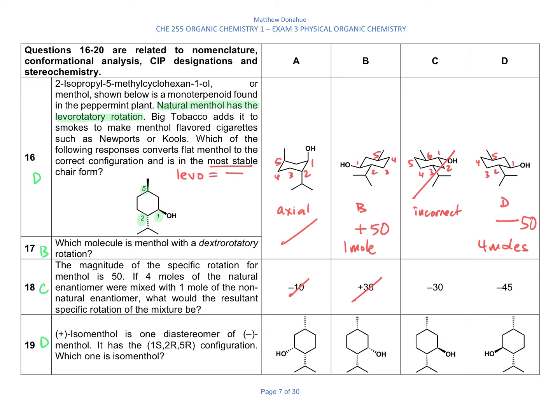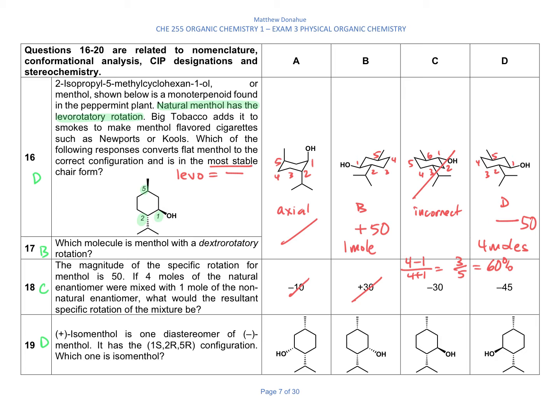So we need to look at the equation that's given to you, and we would basically say, okay, we have 4 moles. We're going to subtract out 1, and then we're going to do the addition for plus 1. So that's going to give us 3 over 5. And so that's 60%.